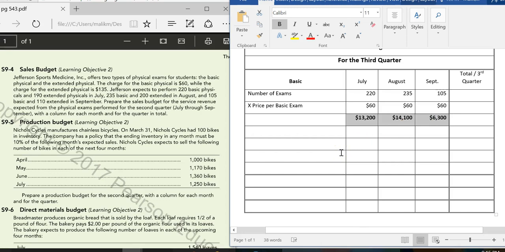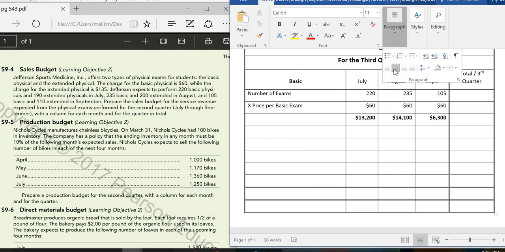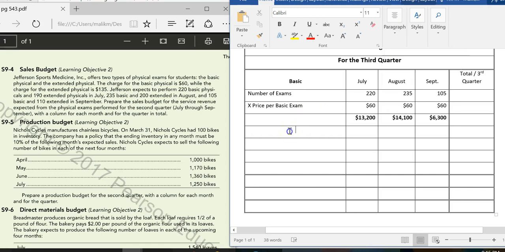Now we will do another one for their extended exam, because they have two types of exams that they do. So let's do it for the extended exam. Extended, I'm writing the title, and again we're gonna do the same thing: number of exams multiplied by the price per extended exam.